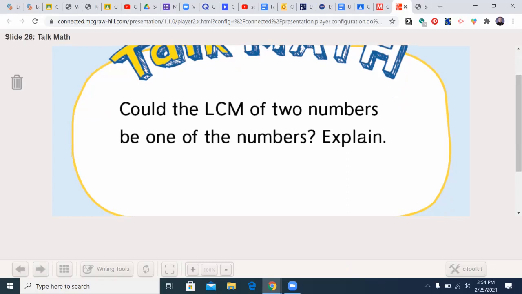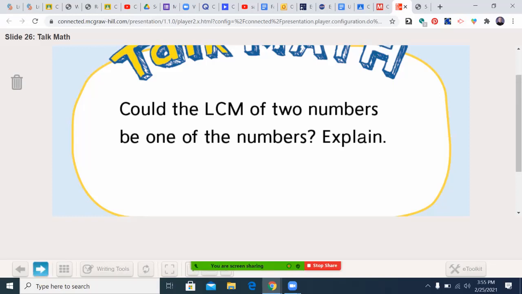The multiples of 14 are 14 times 1 is 14. 14 times 2 is 28. It's 7. 7 times 1 is 7. 7 times 2 is 14. Ooh. 7 goes into 14. So therefore, 14 is the least common multiple of 7 and 14.